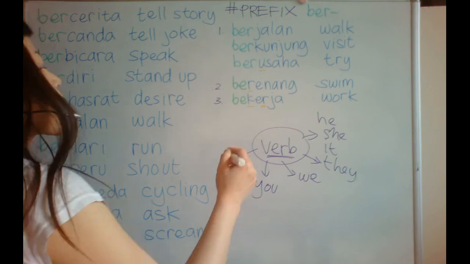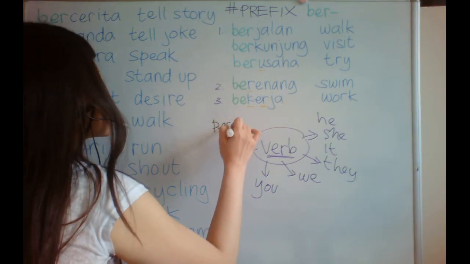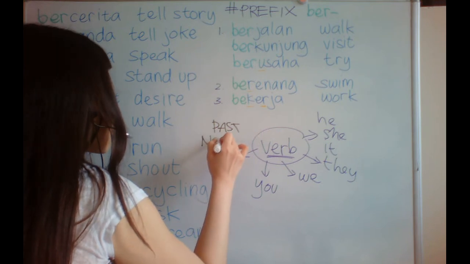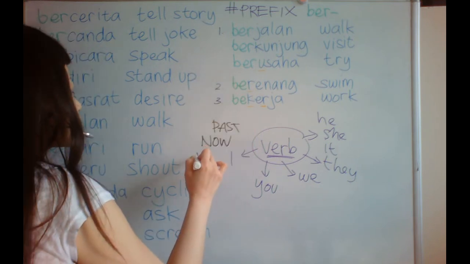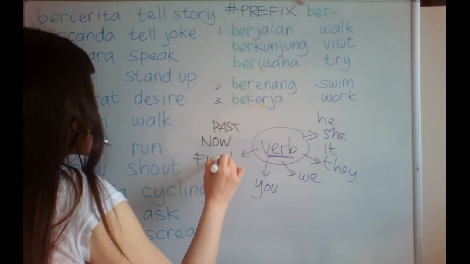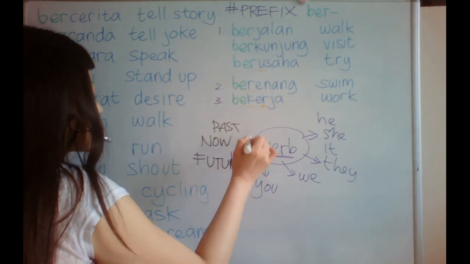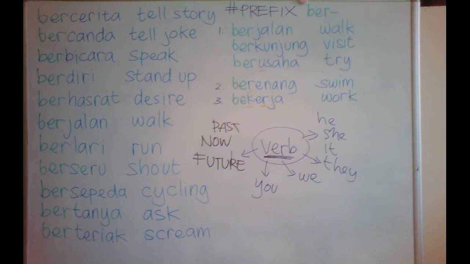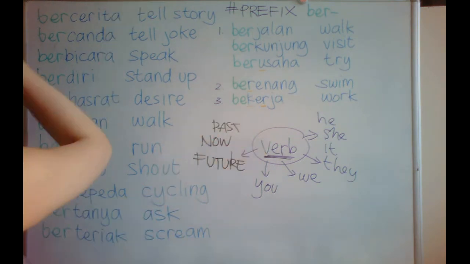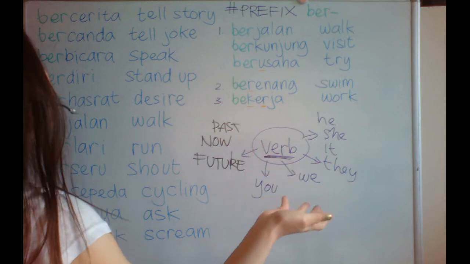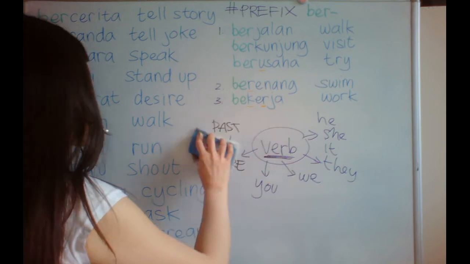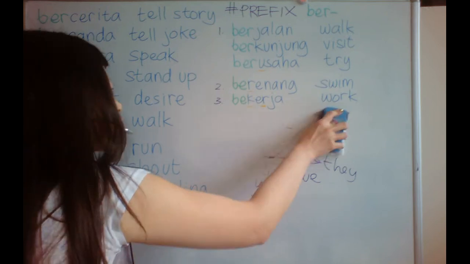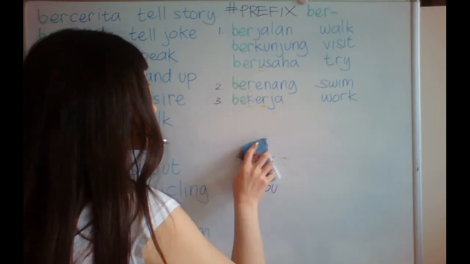Also, whether it happened in the past, or happens now, or will happen in the future, we use the same verb. So how you know if it happens in the past, now, or in the future is by the time signal word used in the sentence.